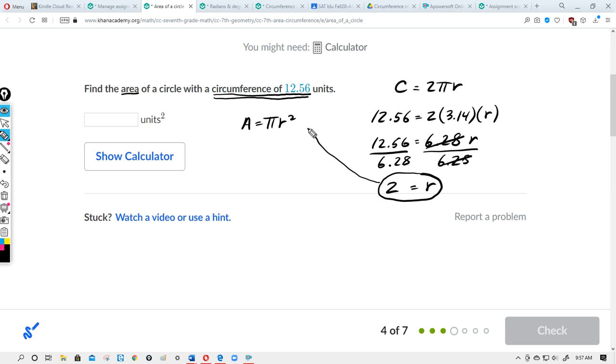So you just take that and you plug it in. Area equals pi, which is 3.14, times r squared, that's going to be 2 squared. Using the calculator, I get 12.56.